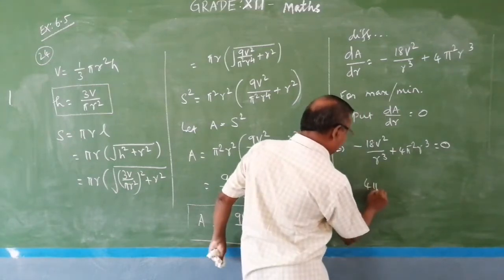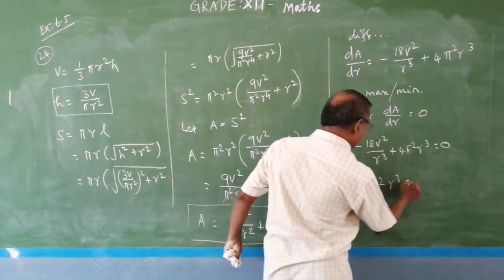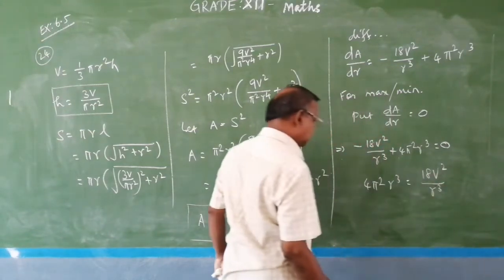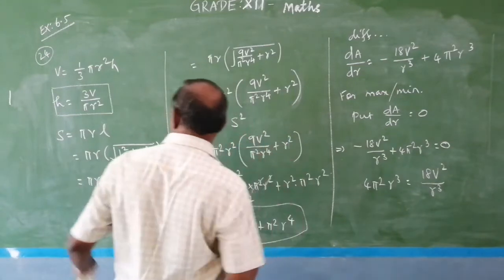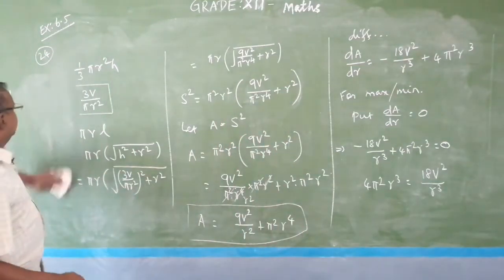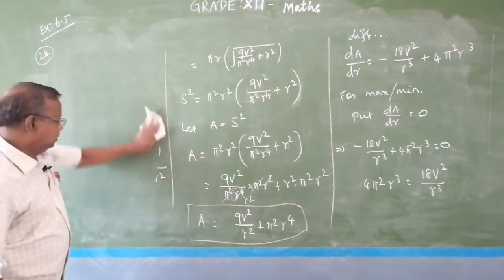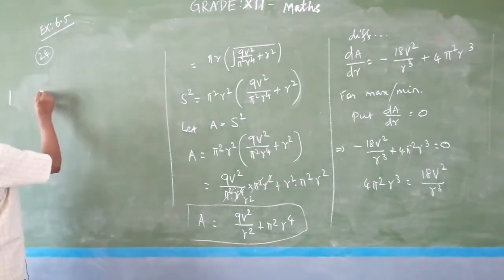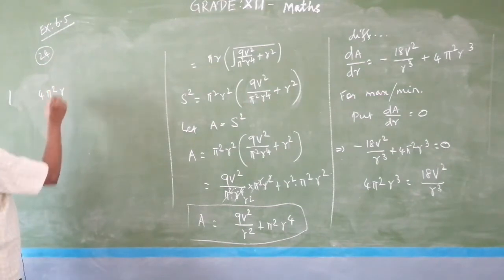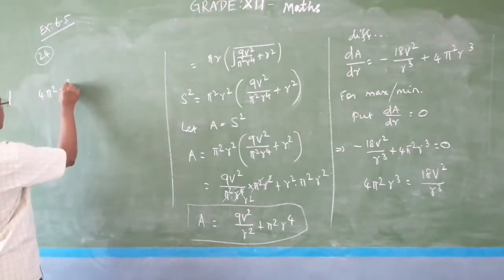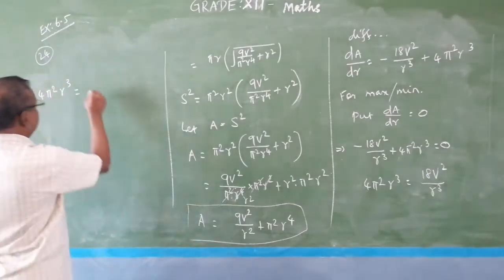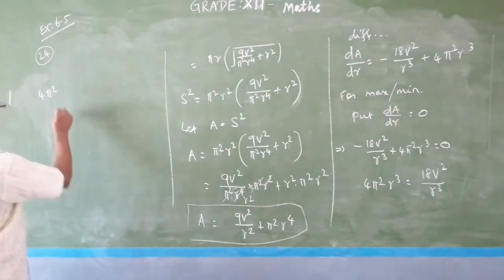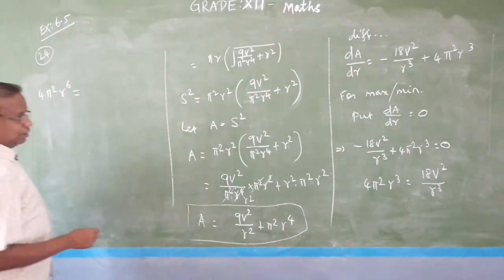That means 4 pi square r cube equals 18V square divided by r cube. Taking r cube to the left side, r power 6 equals 18 V square.